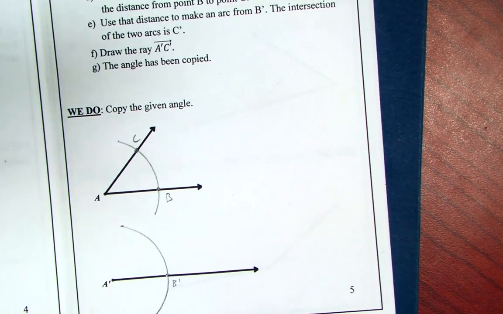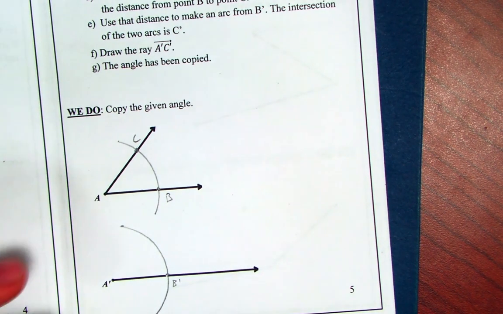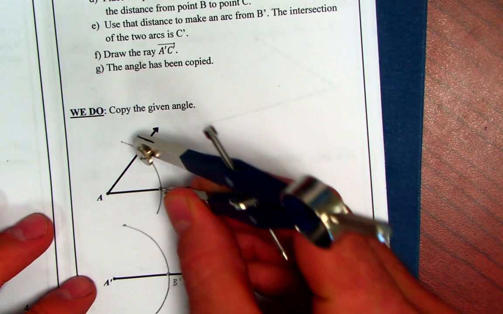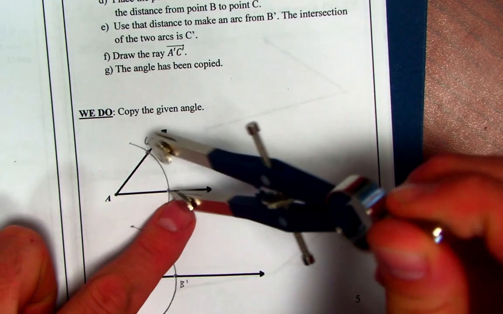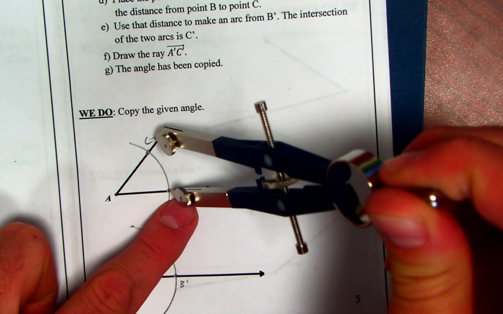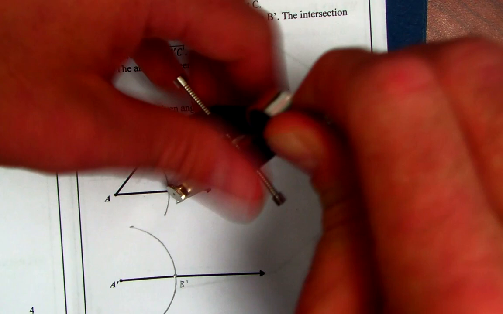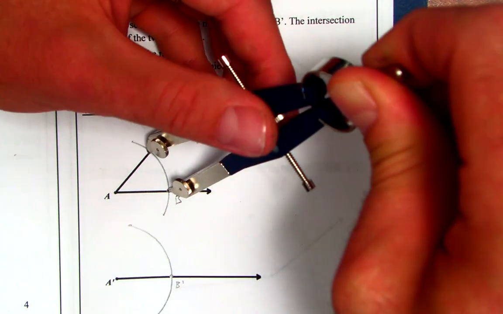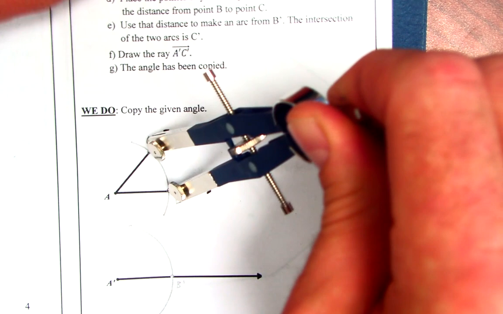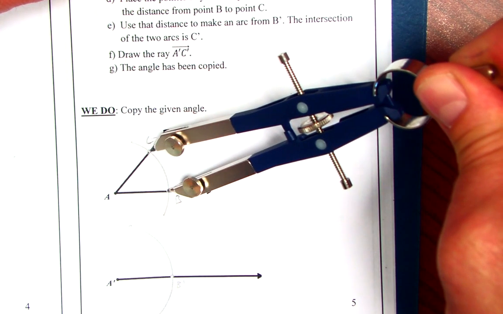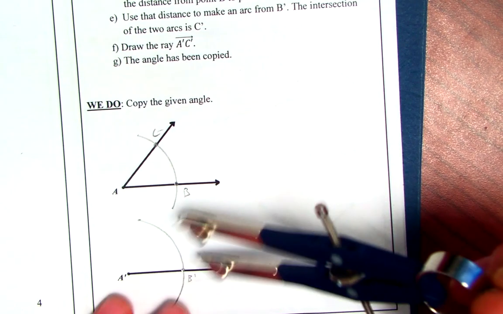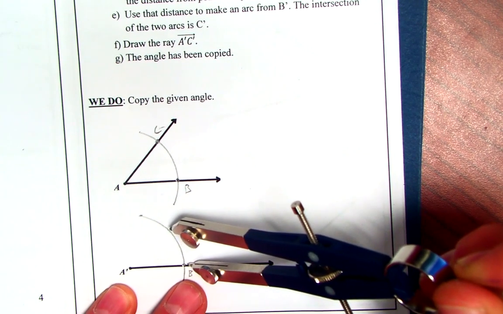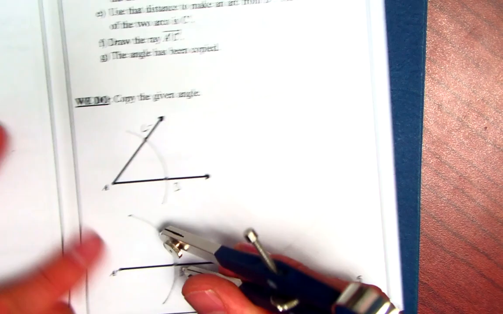Okay, so now we just need to measure how wide our angle is from point B to C. So now we put our compass down at B. We open it up so that it has the measure of CB. So that's how wide the angle is when you're at B. So now we just move it down to B prime, and we make an arc.